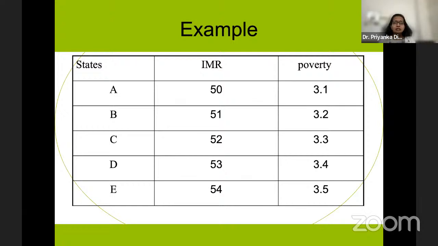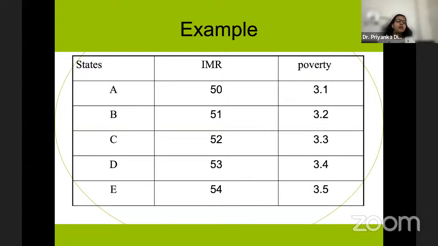Whether the blood pressure is related with the number of minutes you have spent on exercise, or whether the IMR is related to poverty. So these correlation and chi-square techniques come under the bivariate analysis, because 2 variables.